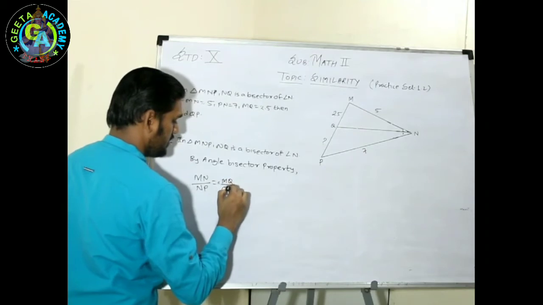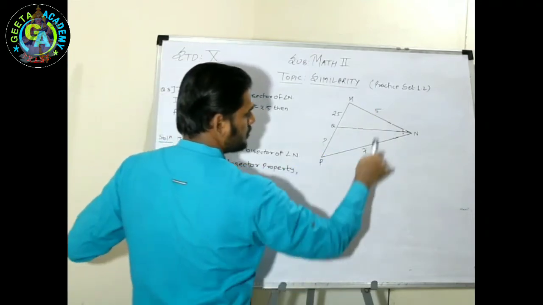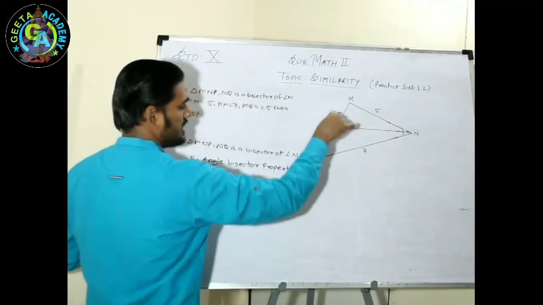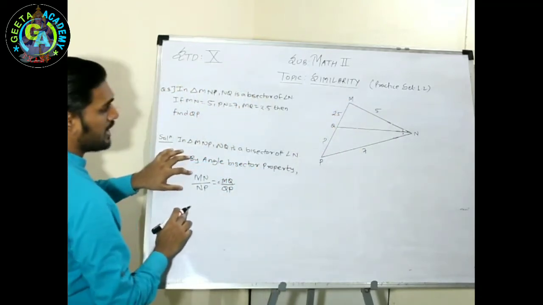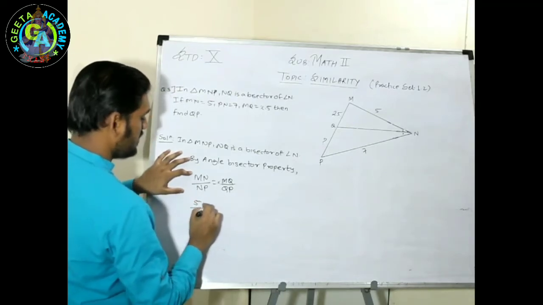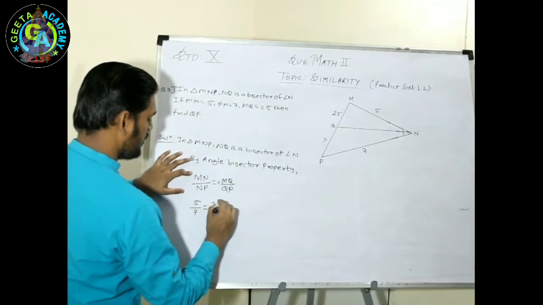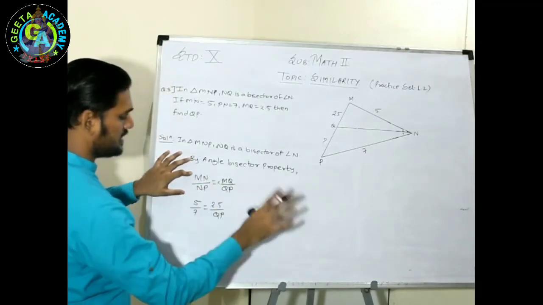MN and NP are the two sides of the triangle, and the ratio of the opposite sides is MQ and QP. So we'll put the values. MN is 5, NP is 7, MQ is 2.5, and we have to find QP. We don't know it, so we will write QP as it is.